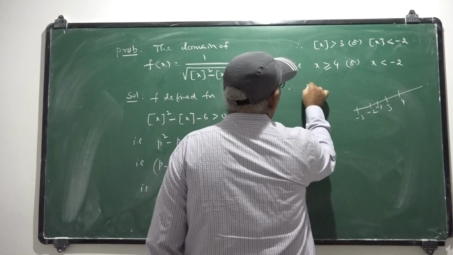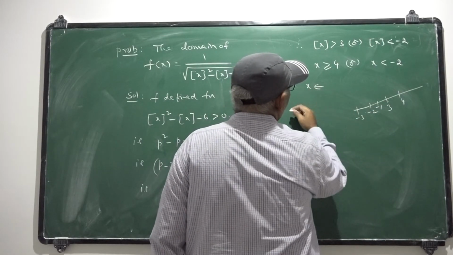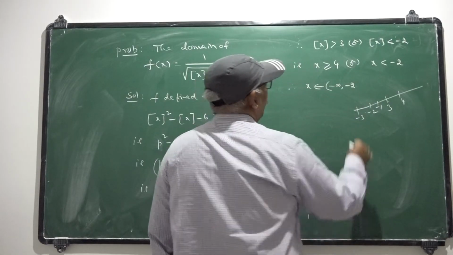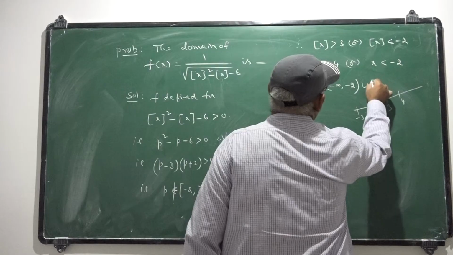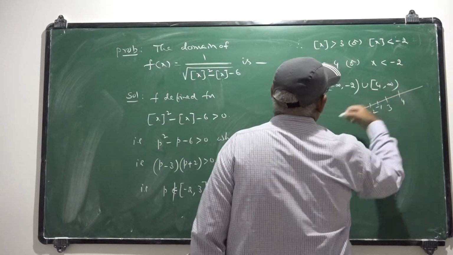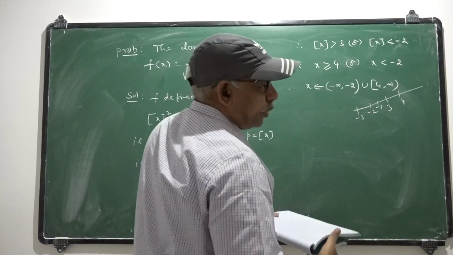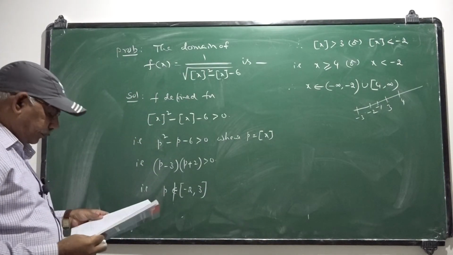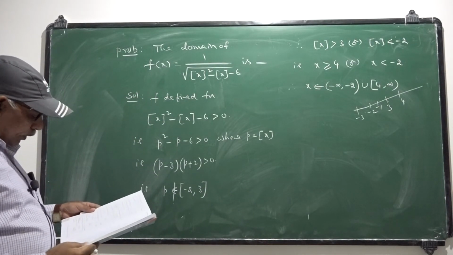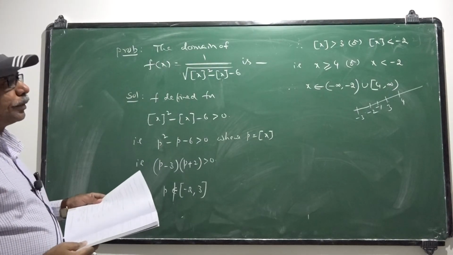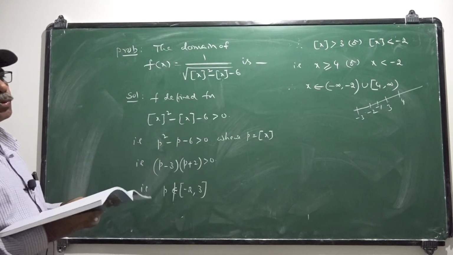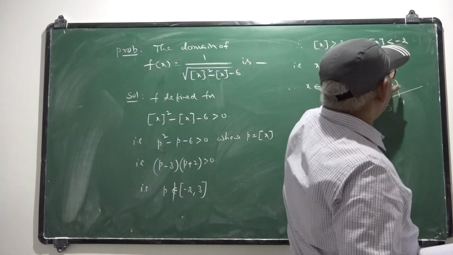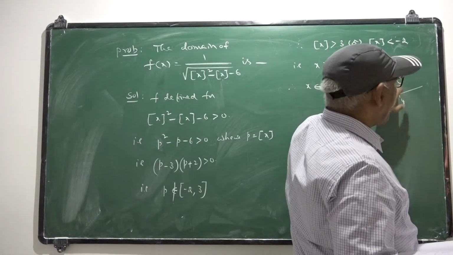So x belongs to the open interval minus infinity to minus 2, union the closed interval 4 to infinity. Once the integer value is less than minus 2, it means x is less than minus 2.